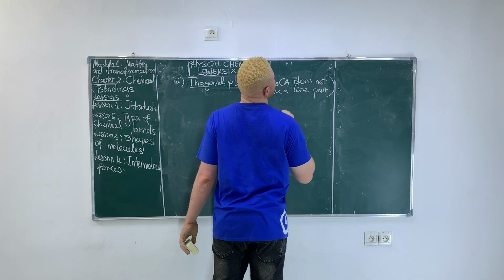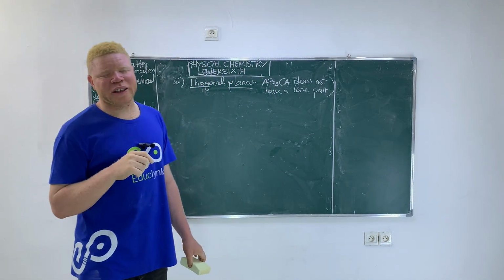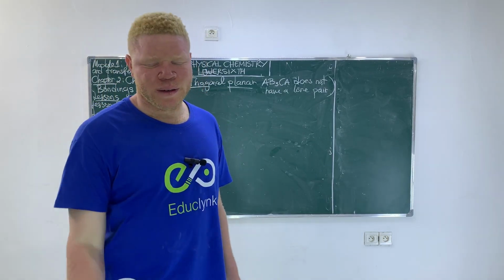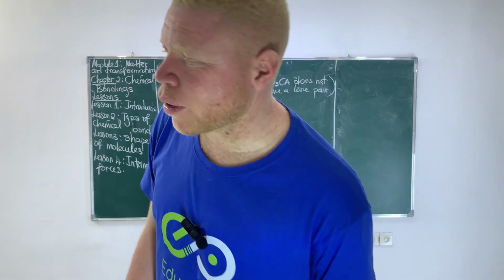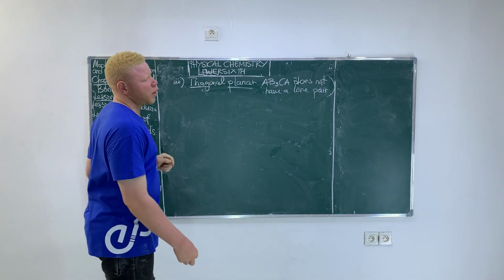A should not have a lone pair of electrons. A typical example, we can take the molecule of BF3, boron trifluoride. Let's draw the dot and cross diagram for boron first.